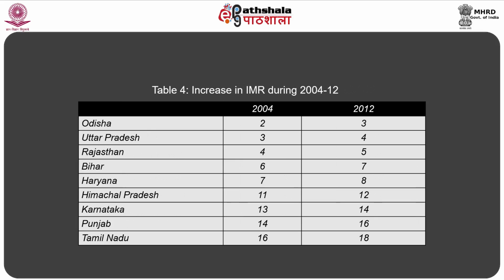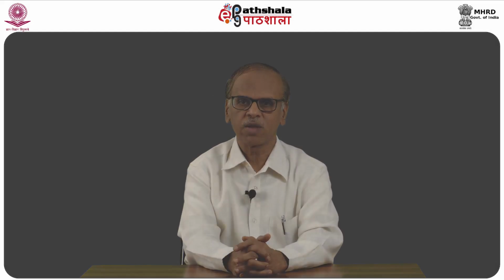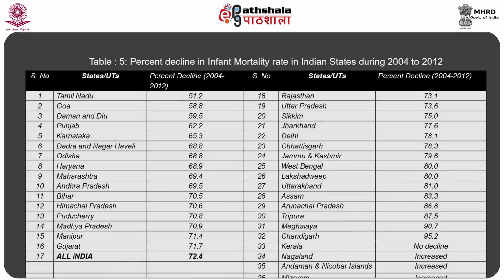To observe the trend during 2004-2012, the percentage decline in IMR during this period has been calculated and given in Table 5. Among the bigger states, Uttar Pradesh 73.6, Rajasthan 73.1, Gujarat 71.7, Madhya Pradesh 70.9 and Bihar 70.5 achieved above 70% decline in IMR.